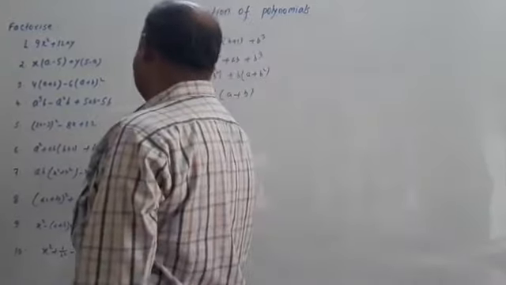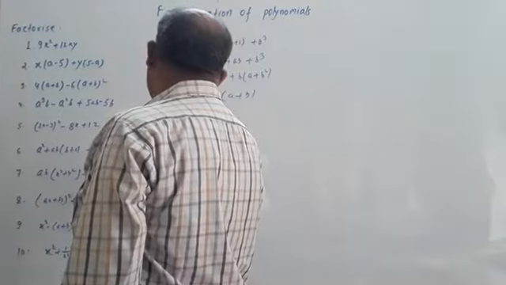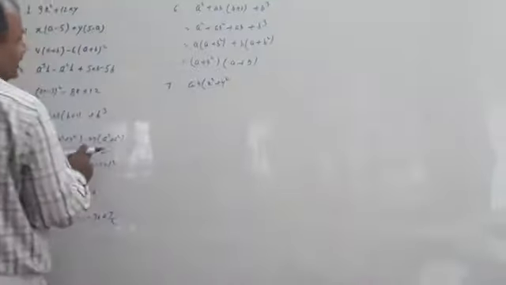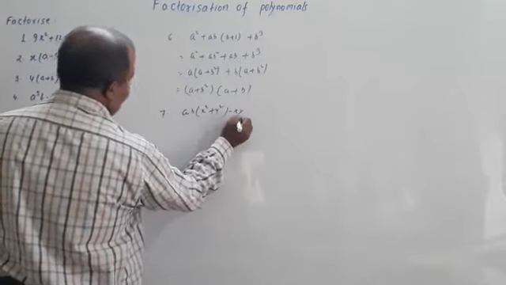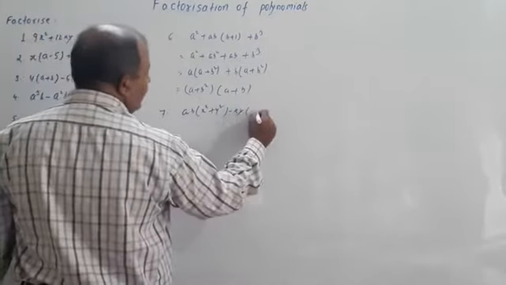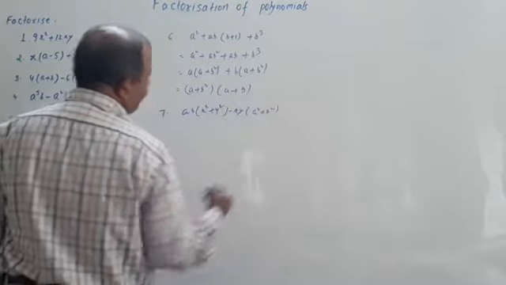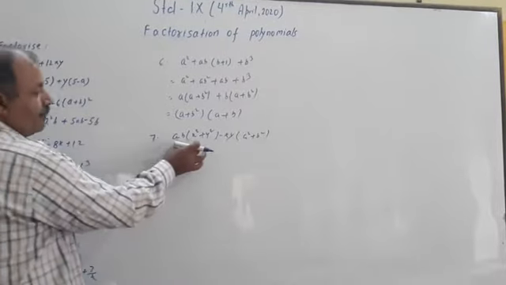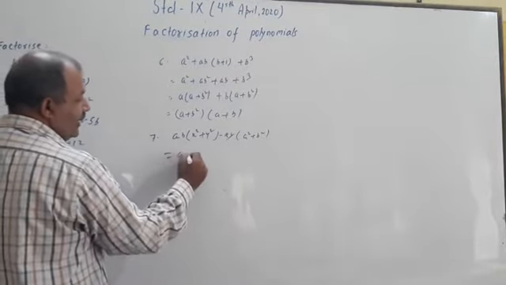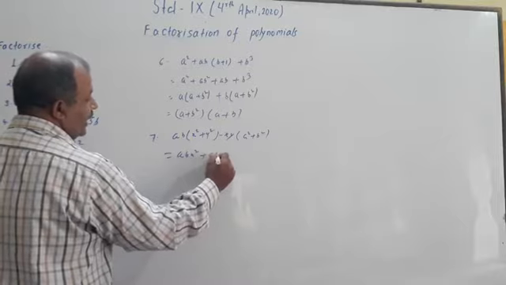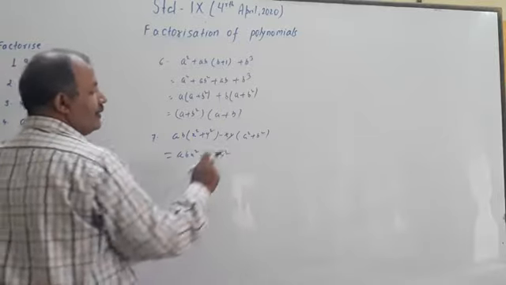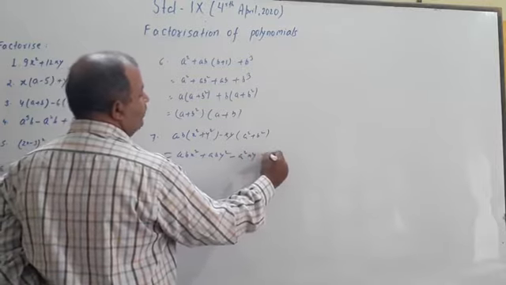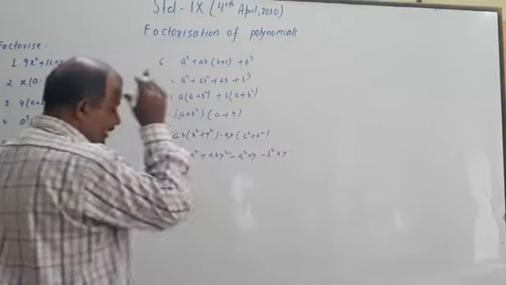The second problem, ab into x square plus y square minus xy into a square plus b square. Okay. Now we have to multiply them. ab x square plus ab y square minus a square xy minus b square xy.